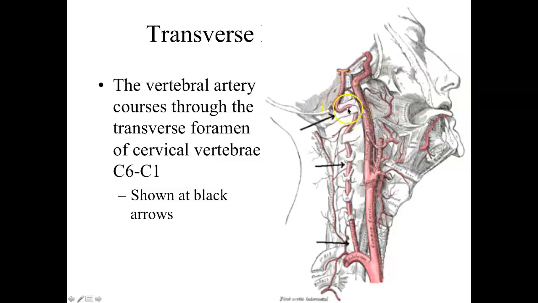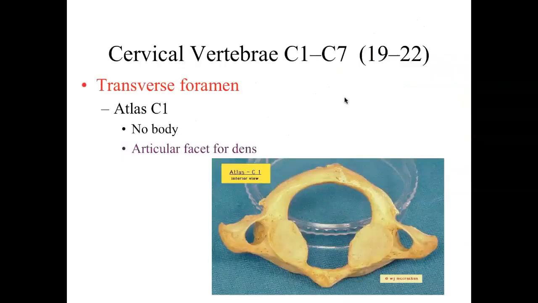So the right vertebral artery is going to join the left vertebral artery, and they anastomose, meaning these vessels come together and they're going to form a basilar artery that sits on the clivus of your occipital bone. So that's what's going through the transverse foramen of your cervical vertebrae.